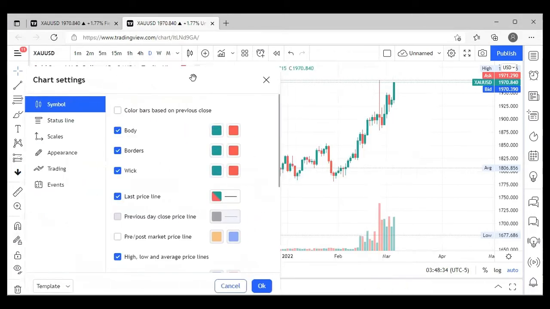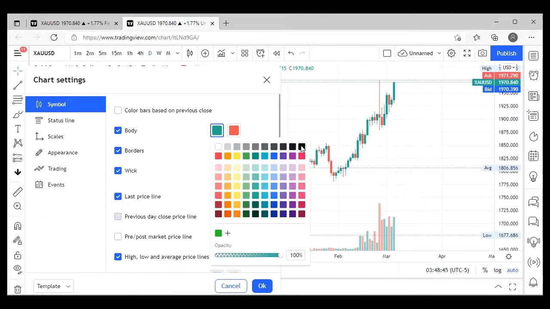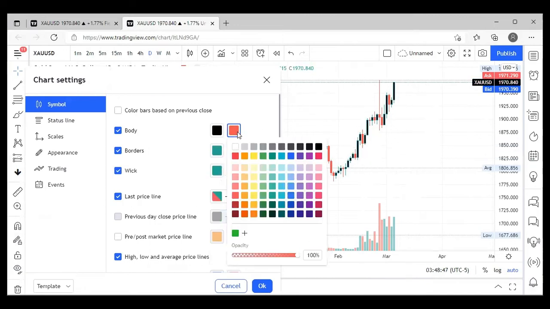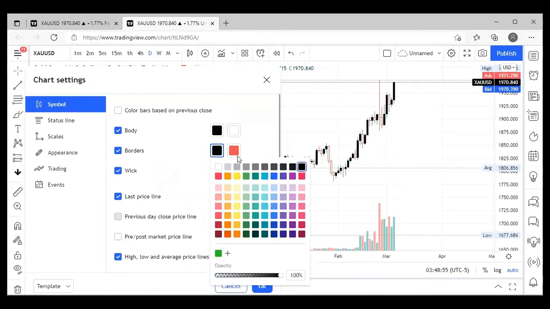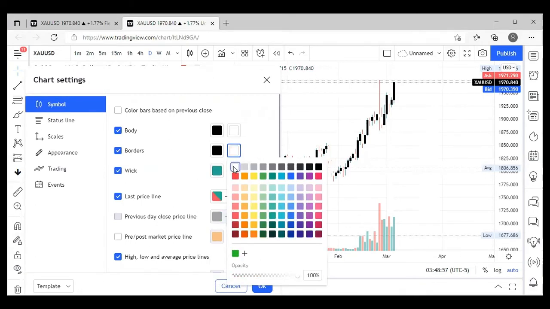So this is where you customize the colors of your chart. So let's say I want the body of the candles to be black and white. So I'm going to go on black, and then I go here on white. Okay. And I do the same thing with the borders of the candles. So I'm like black, and then I come here and I'm like white. Oops, that doesn't work. So I'll just keep it as black.